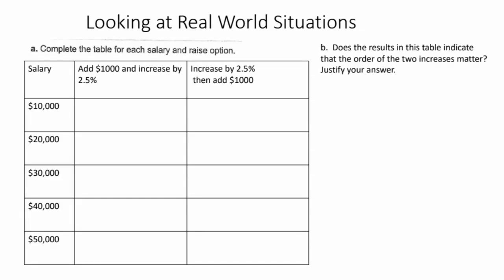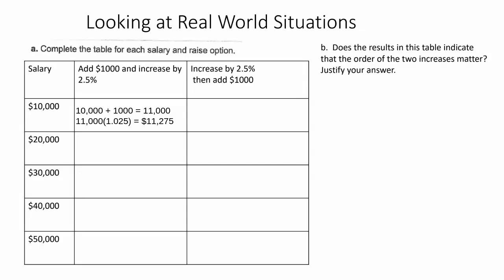This will give me $11,275. I'm taking 10,000. I'm adding 1,000. That gives me $11,000. I take the 11,000 and I multiply by the multiplier. I'm increasing by 1.025.